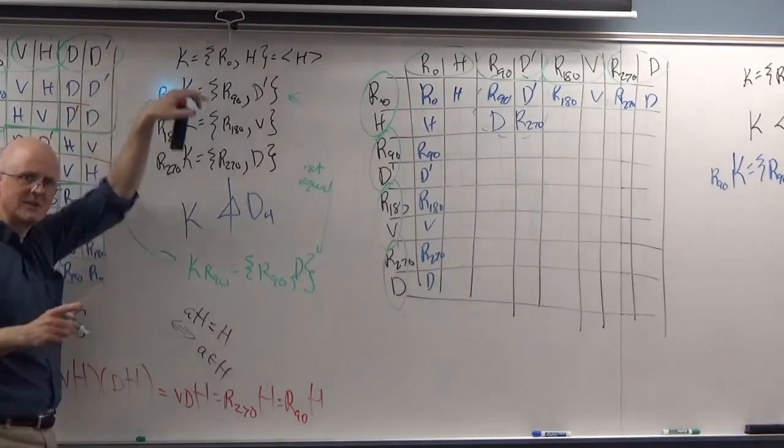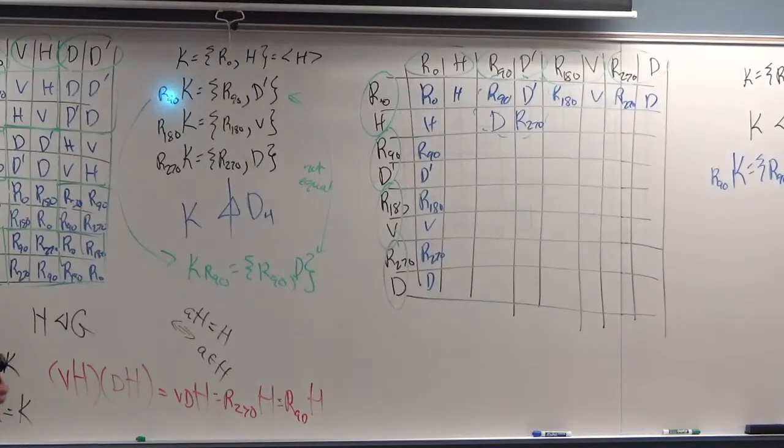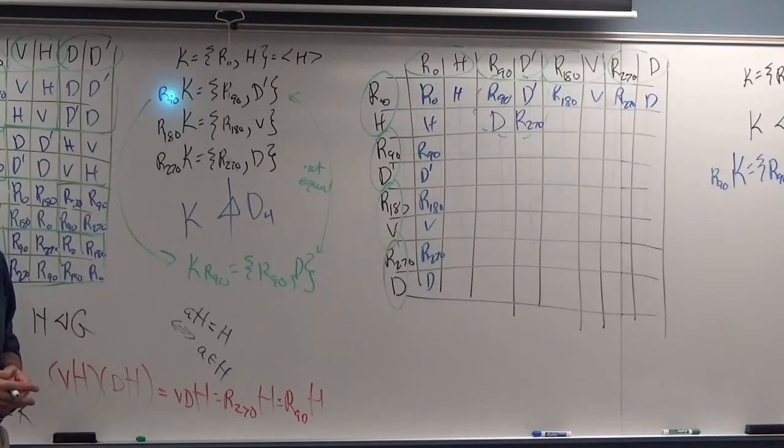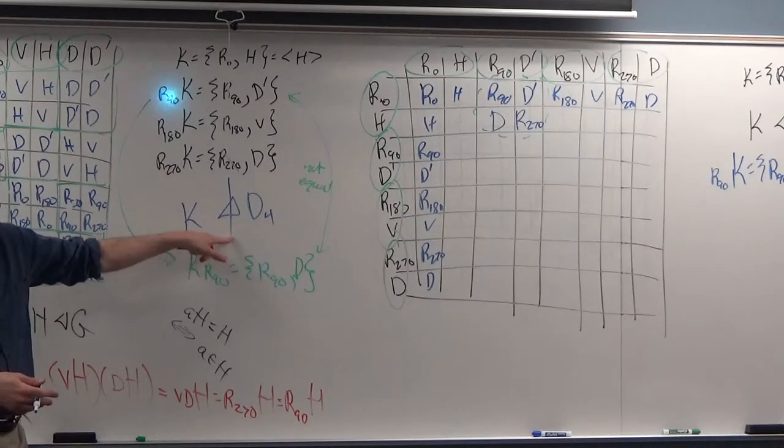In fact, I mentioned this before, I'll mention it again. Anytime you have a non-Abelian group, and you've got a subgroup of order 2 that's not a subset of the center, then the subgroup will not be normal. Say that again.